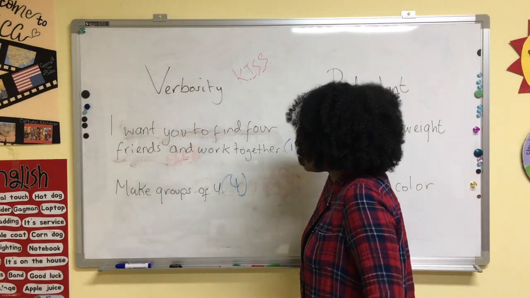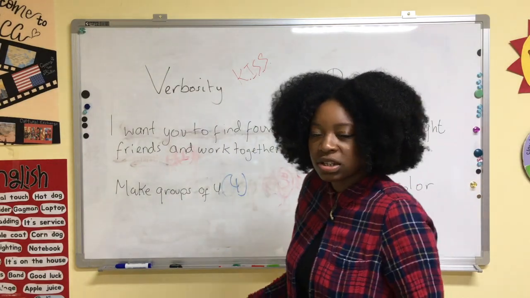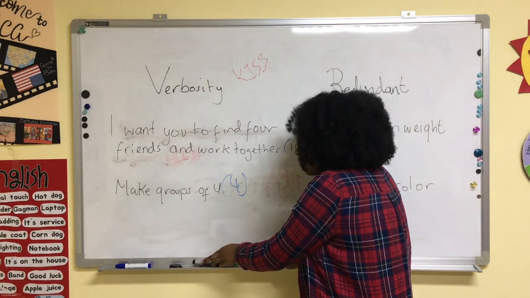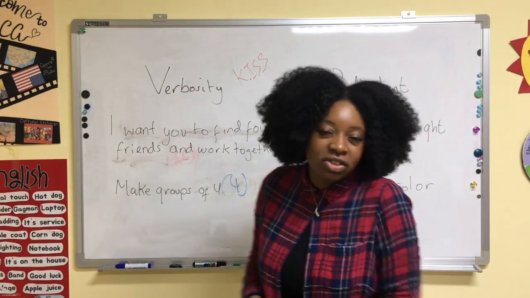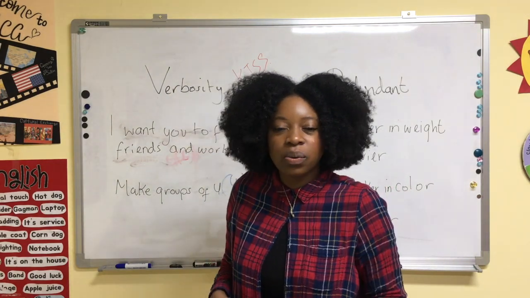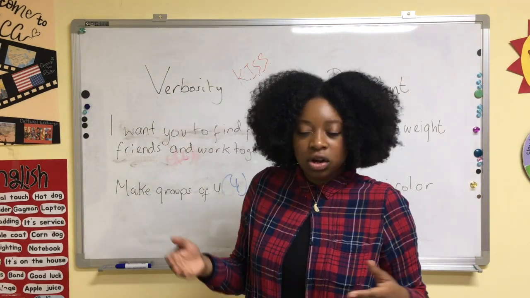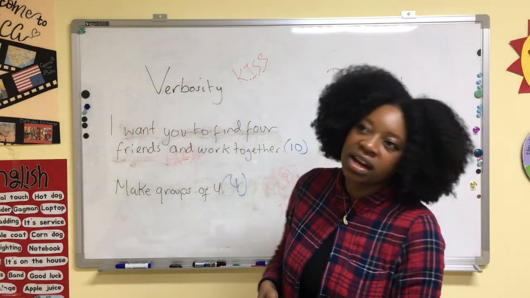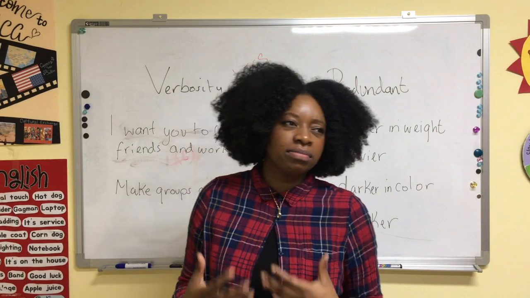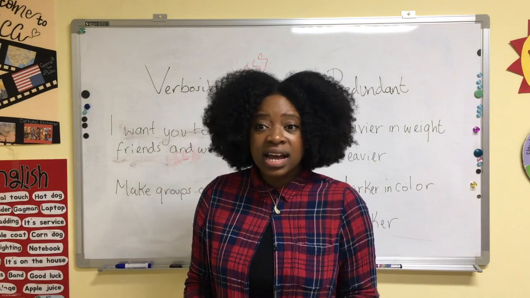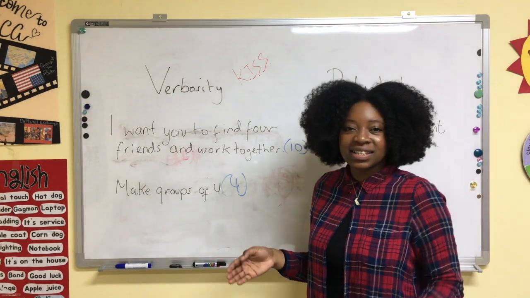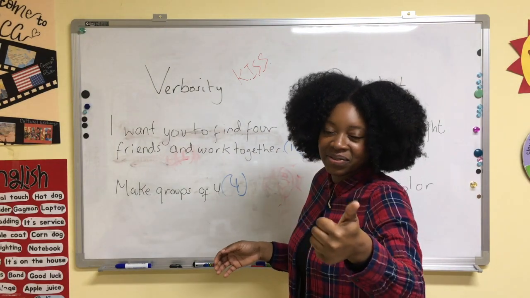So when you're using classroom English expressions, you want to keep them short and concise. The best way to do that is to learn classroom English as you go along. Learn to keep your sentences short. One recommendation I would give is that for maybe 3rd and 4th grade, 4 to 5 words in a sentence is a good length.